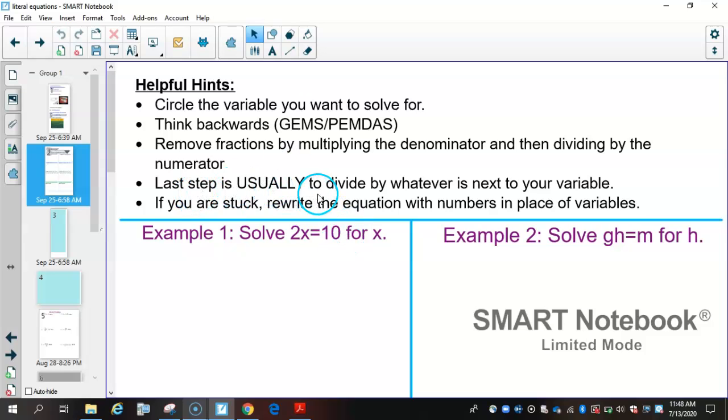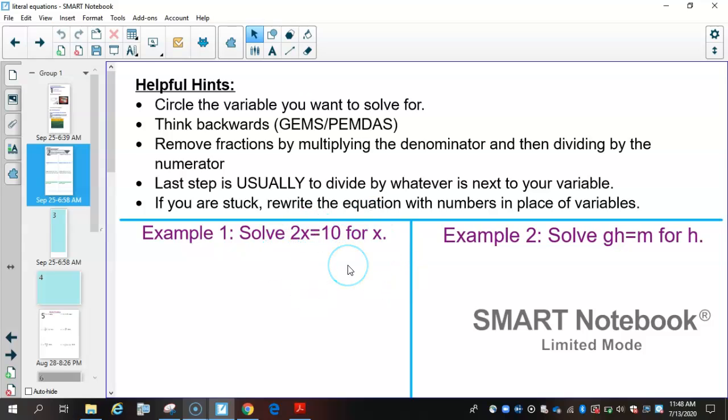And then the last step is usually, and usually doesn't mean always. It means usually this is what happens, but it could change. Divide by whatever is next to your variable. And then if you're stuck, rewrite the equation with numbers in place of variables. What I've done is I've found equations that are very similar to these literal equations, or set up similarly.